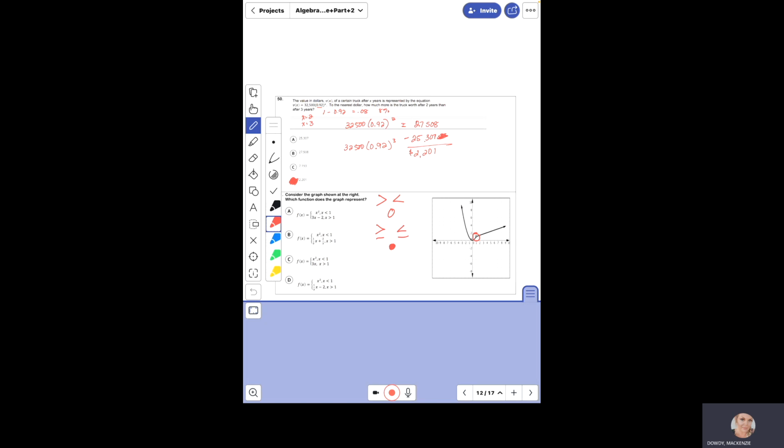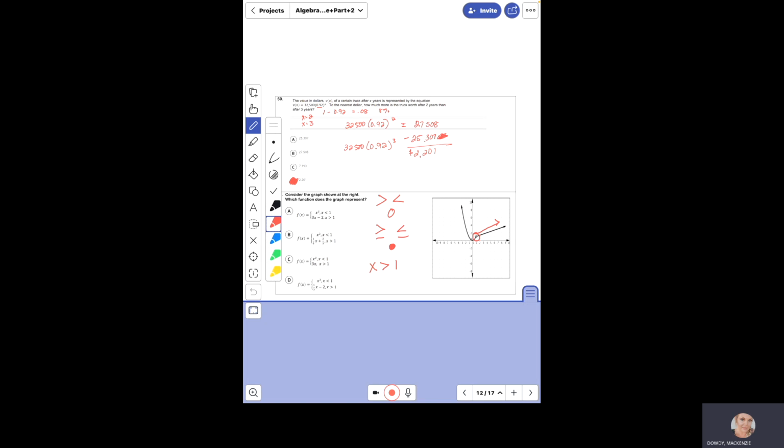And then the line goes this way, so it's greater than 1. So our function is going to be x is greater than 1. That's for our linear function, okay?